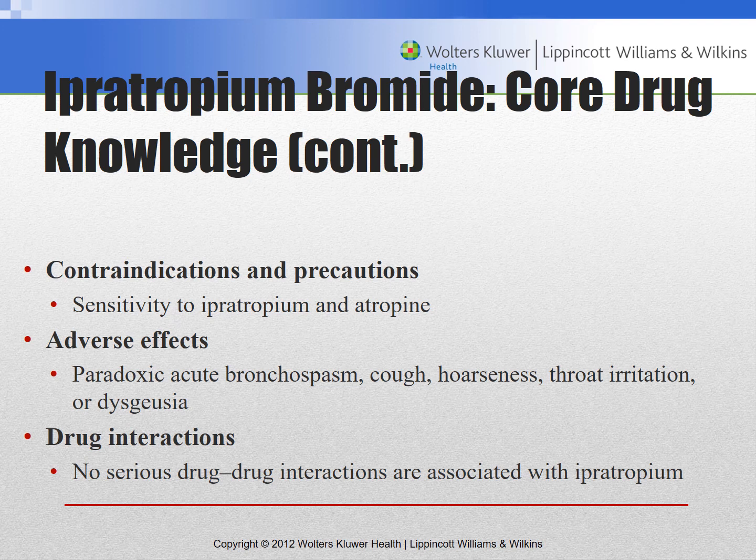They will have an acute bronchospasm with that first dose, with the first inhalation of a newly opened inhaler. So that's why we always want them to prime that inhaler first, so that they can prevent that paradoxical acute bronchospasm.